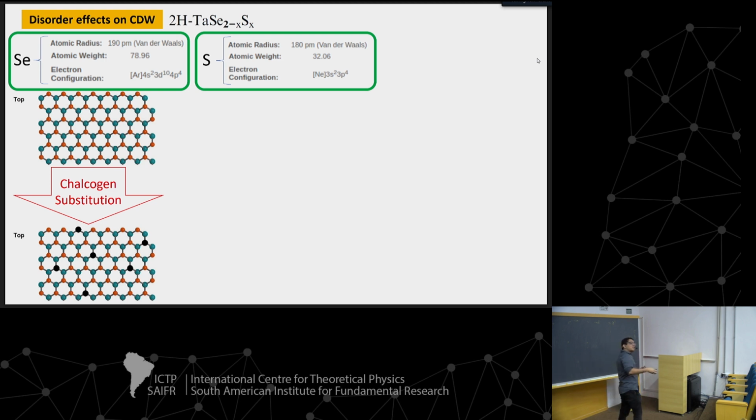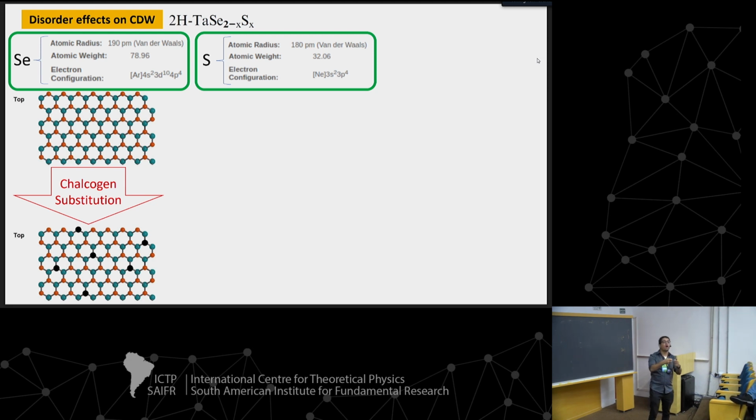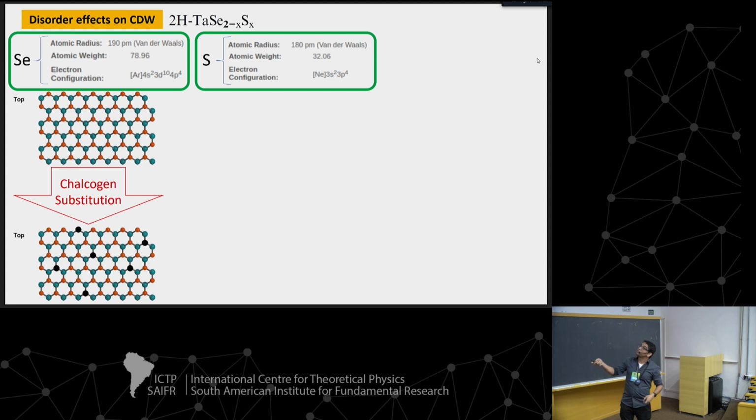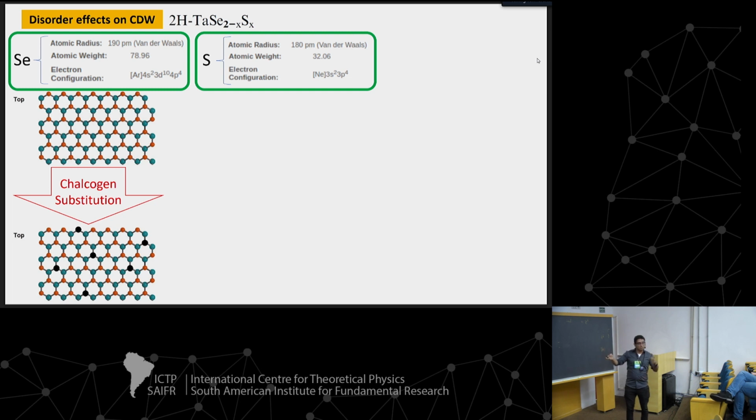So basically, you do not dope with electrons, but you change the coupling between the chalcogen and the transition metal, and you locally change the electron-phonon coupling. This is what we learned on Monday from Thomas, that this is called TC disorder.